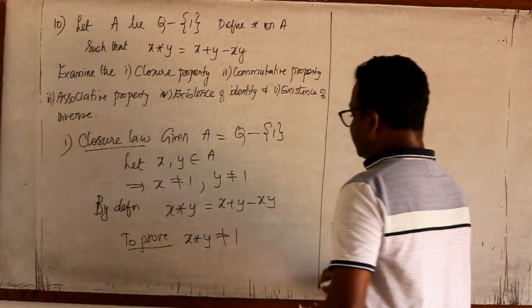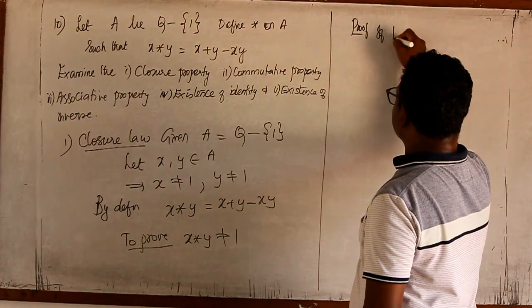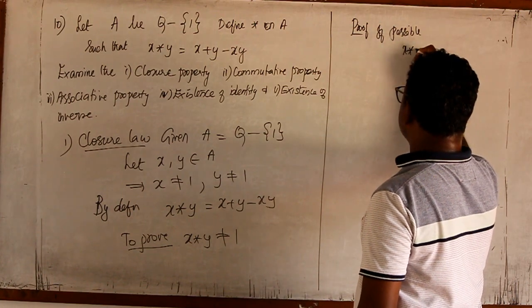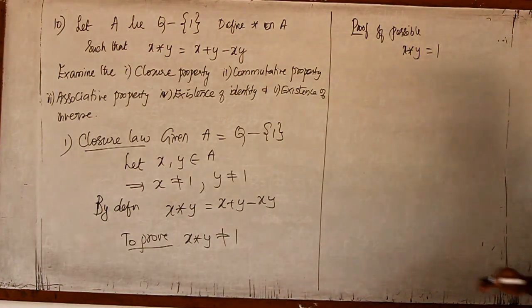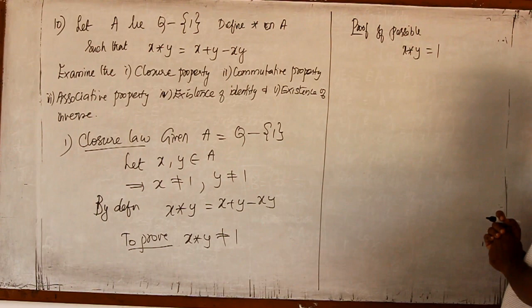So the proof is something different. Proof: if possible, let me take x star y equal to 1. Suppose if that is equal to 1, what will happen? That we shall see.